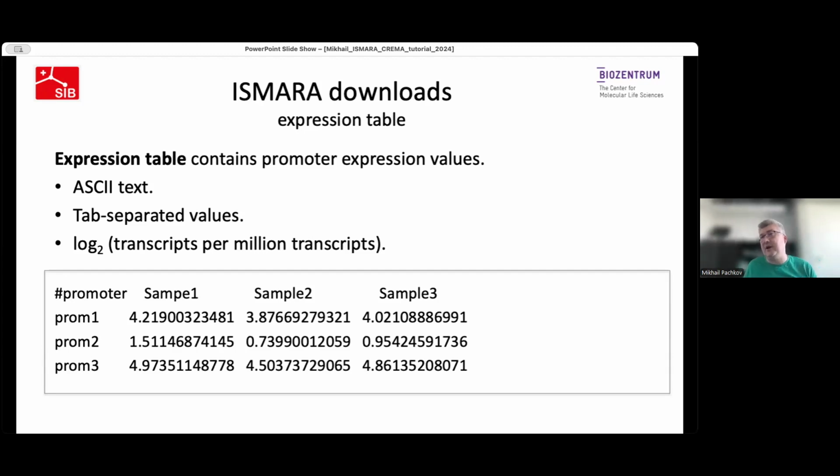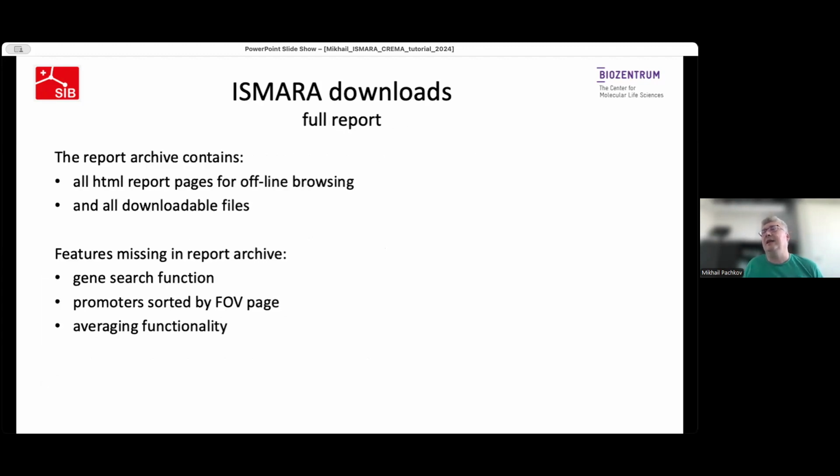In case you would like to also do some analysis on expression, you can use this table. And finally, you can also download the full report. This is a tar archive, which contains basically all report HTML pages, all pictures, and these downloadable files.